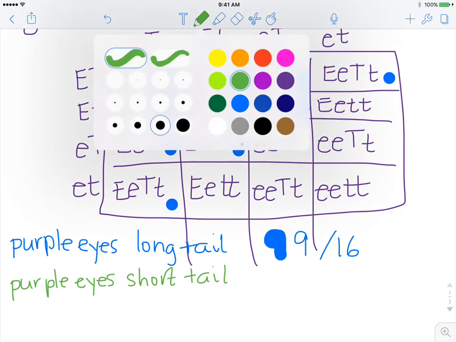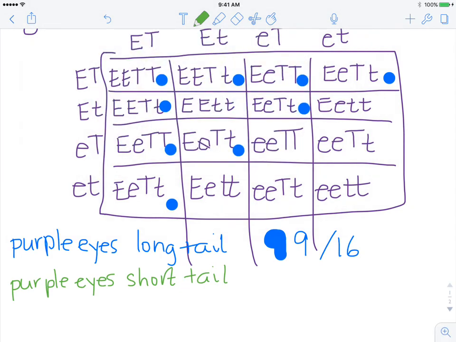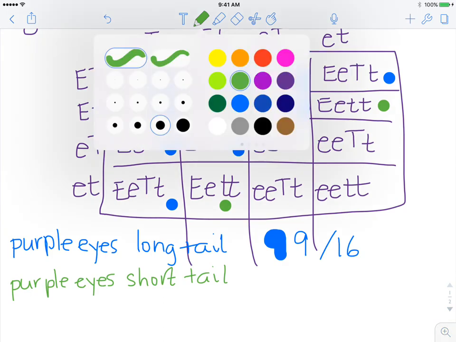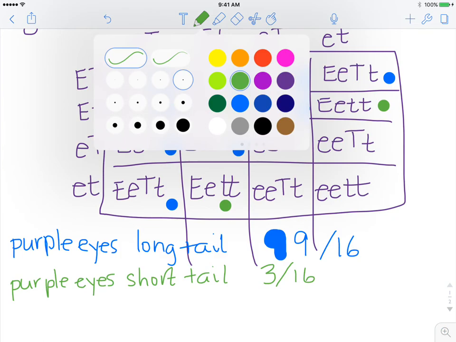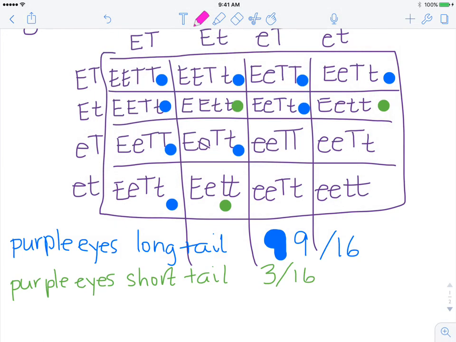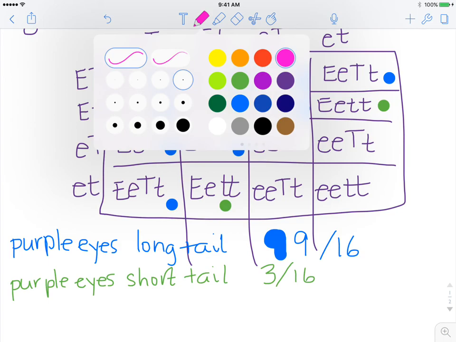Again, I'll put a dot in all the boxes that will have purple eyes and a short tail. So that would be this one, purple eyes, short tail, purple eyes, short tail, and I think that's good. So that is 3 out of 16. Pick a different color.